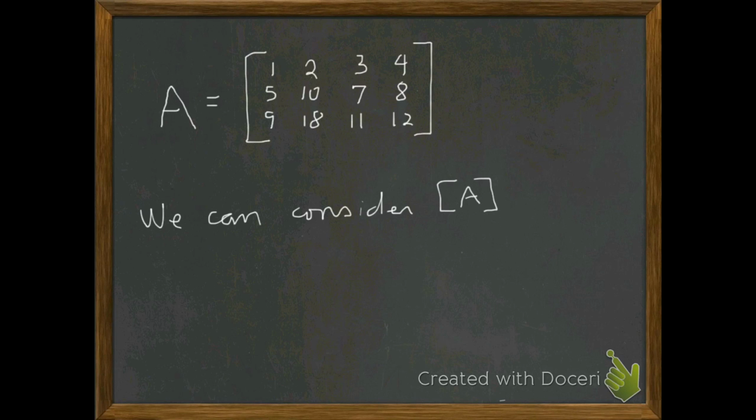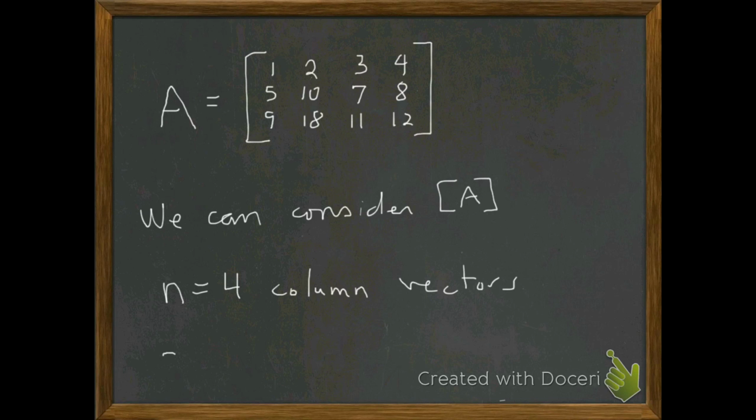In this case, we can think of this as being constructed as four column vectors.